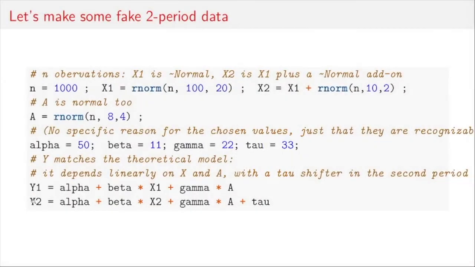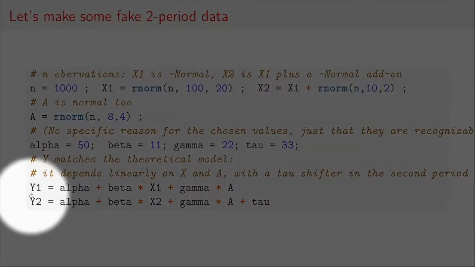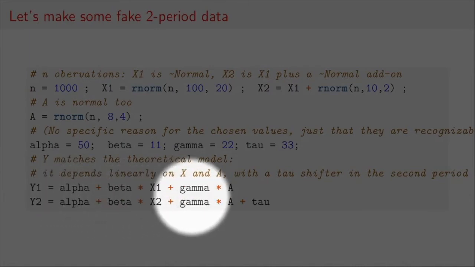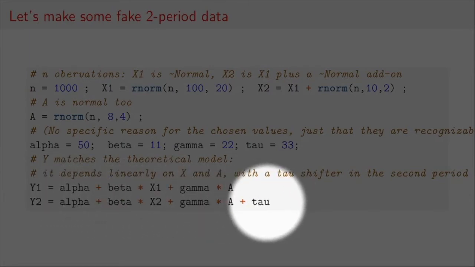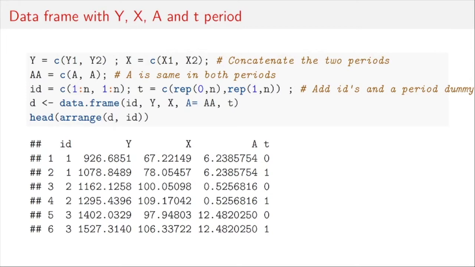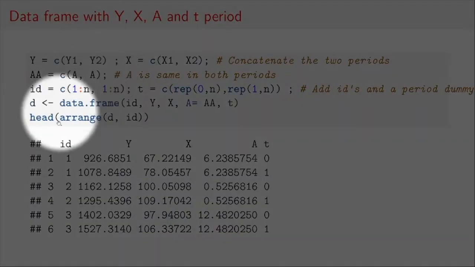And so we're going to create y1 and y2 in a way that exactly matches that theoretical model. It's equal to alpha plus beta x plus gamma a plus tau, but tau only appears in period 2. So this is exactly the data that we are expecting to get from our earlier specification. So this code up here just concatenates everything and makes a little data frame with this, but look what the data looks like.